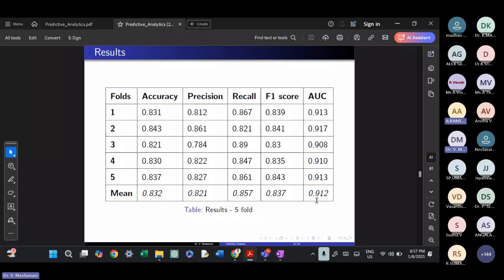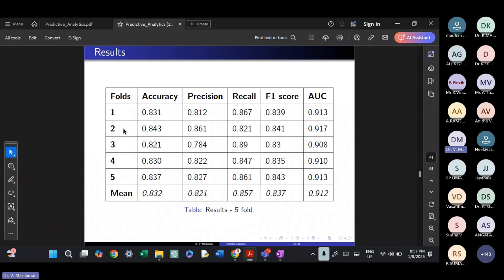So I hope you all know what fold means. See, the fold means we need to train the model only once and test means one fold. Training the model two times and testing is twofold, right? And training model three times and testing threefold. So what do you mean by training model two times, for instance?